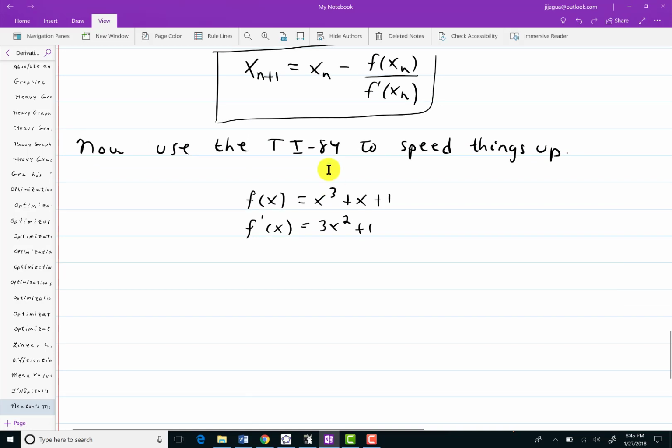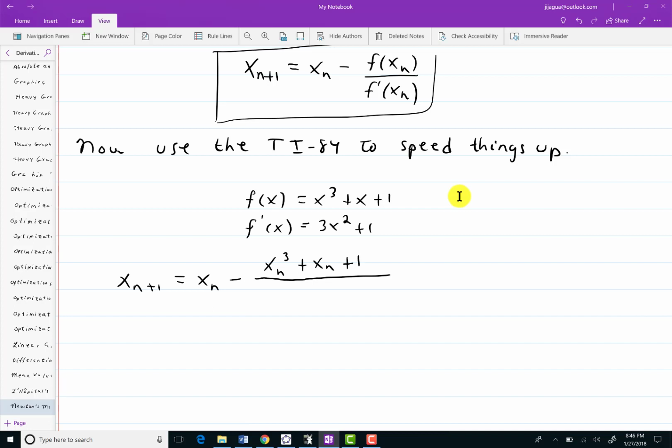That way, when I'm using Newton's method, x sub n plus 1 will equal x sub n minus, now, I'll have x sub n cubed plus x sub n plus 1. And then on the bottom, I'll have 3x sub n squared plus 1. And now I'll let my calculator do most of the work.